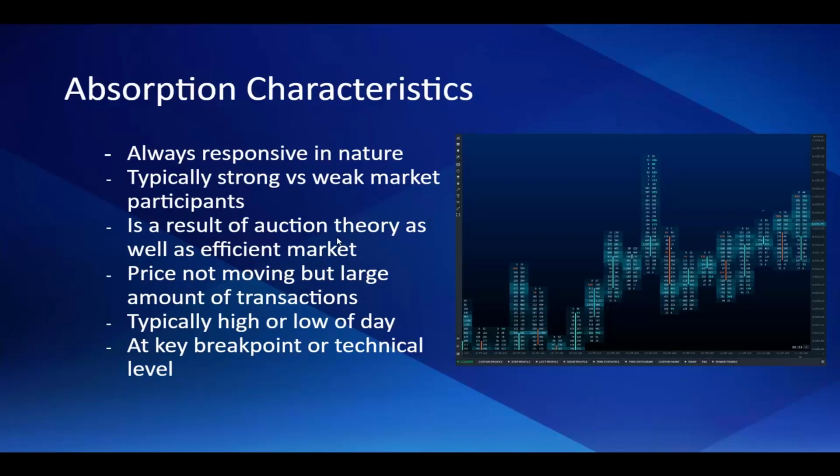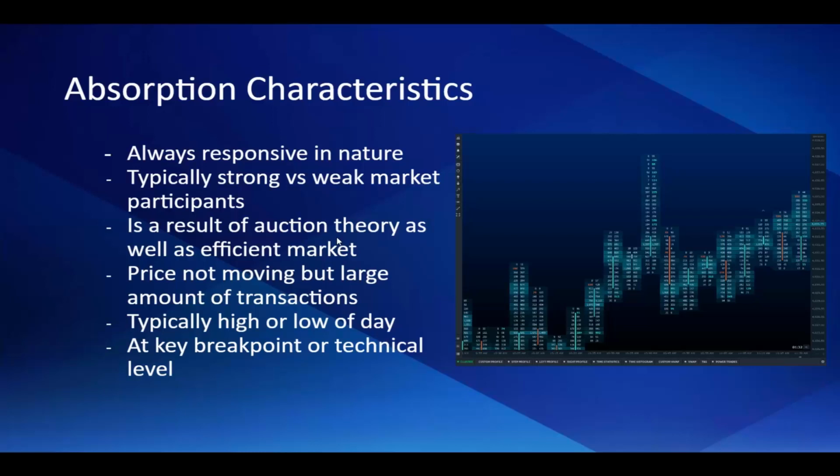So absorption, the characteristics, it's always responsive in nature. Like I was just discussing in the last slide, there's initiative buying and selling, and then there's responsive buying and selling. Absorption is always responsive in nature because it's when price has come up into a support or resistance area.